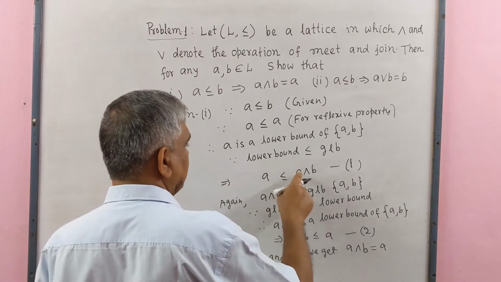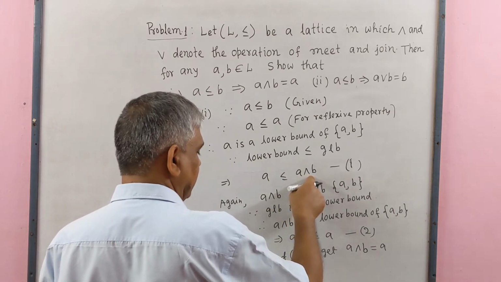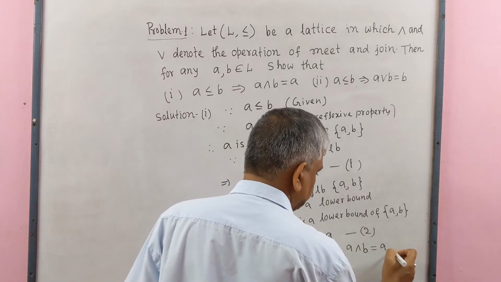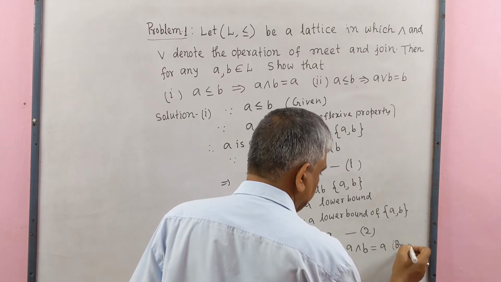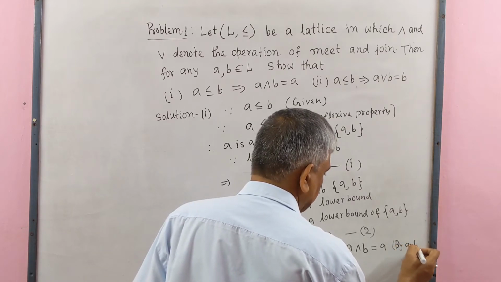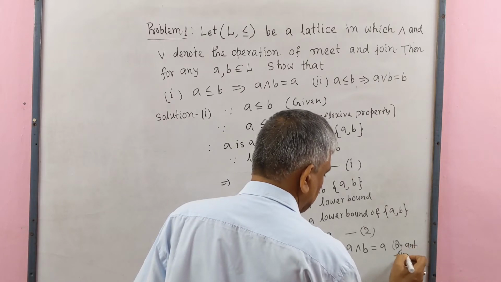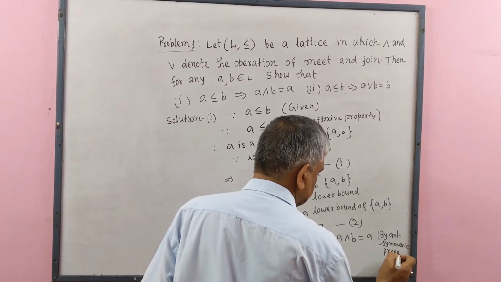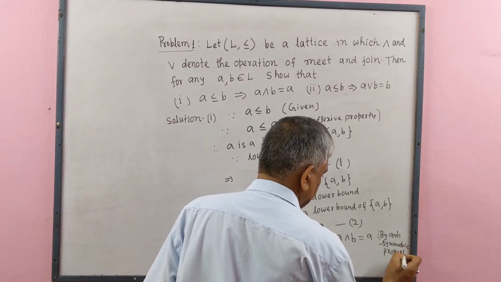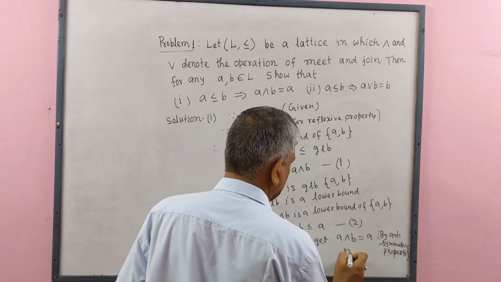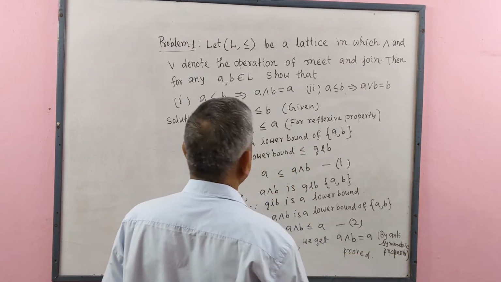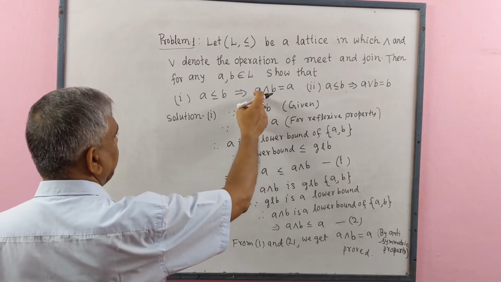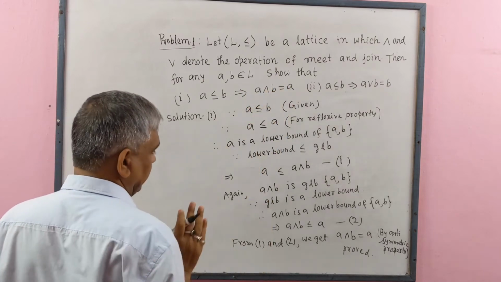Since A less than equal to A meet B and A meet B less than equal to A, this is by antisymmetric. Since here A less than equal to B implies that A meet B equal to A.